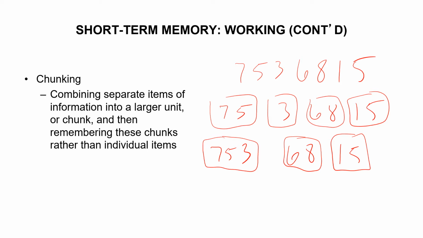So by being better at chunking in that field, you are able to process information in your related field easier. And that is one of the advantages to being an expert in a field: you can chunk more individual pieces of information into one chunk. Therefore, you can hold more information in general in your short-term and working memory.